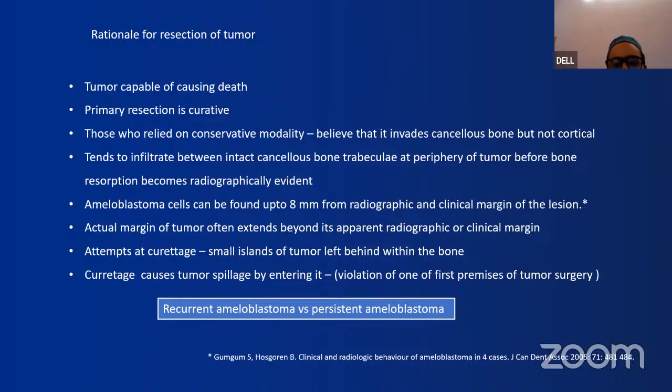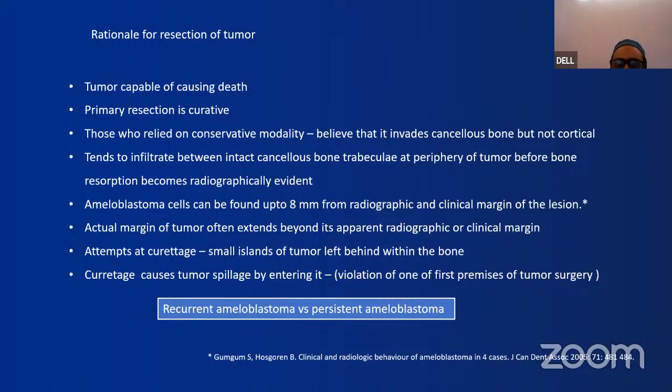Now, as we already discussed regarding the conservative modality, the authors believe that it does not invade the cortical bone, but we know now that it invades the cortical bone as well. And ameloblastoma cells can be found up to 8 millimeters from the radiographic or clinical margins of the lesion.